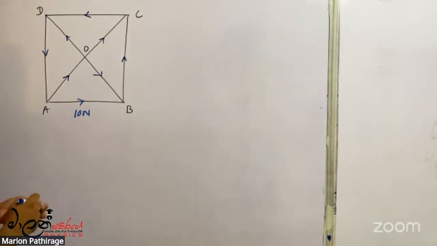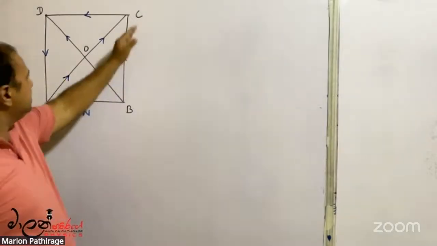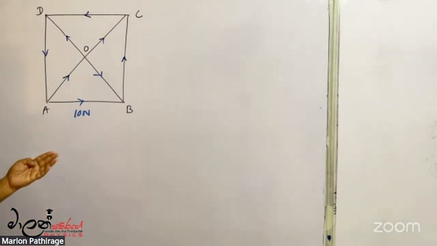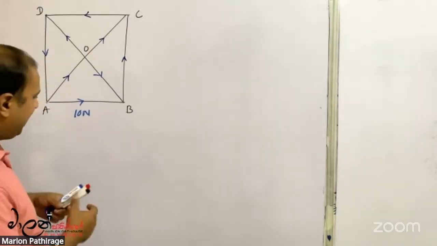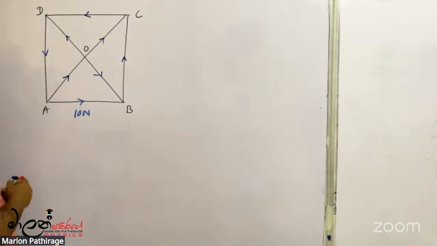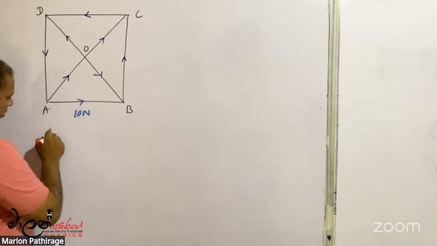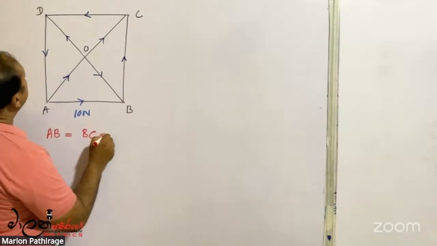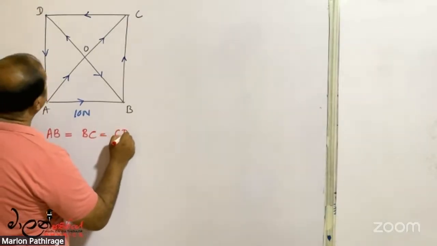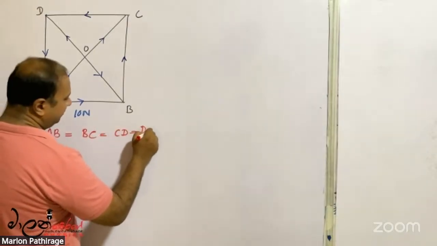Now it is very clear. You can determine BC, CD and DA at once because this is a square. As this is a square, AB length equals BC length equals CD length equals DA length.